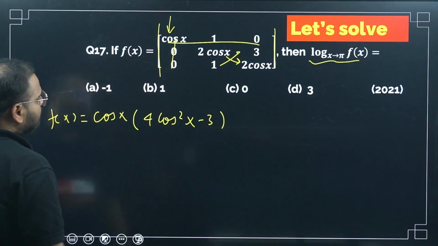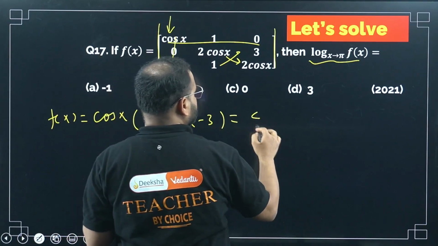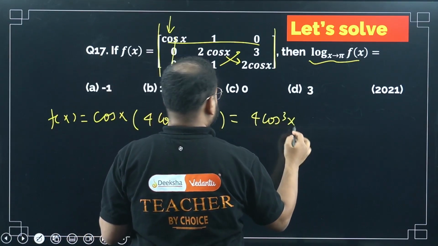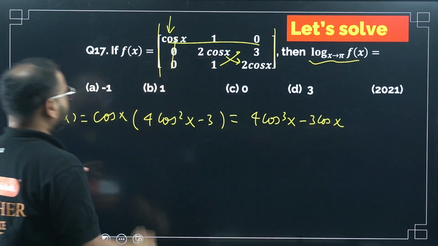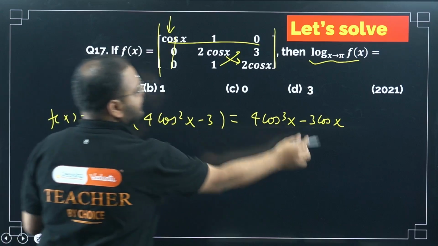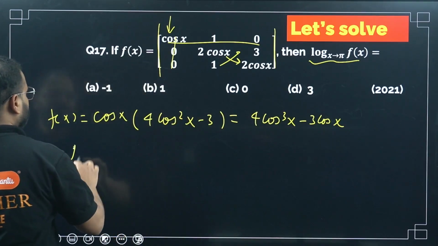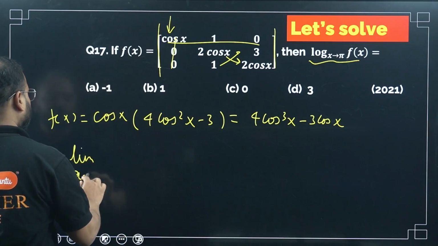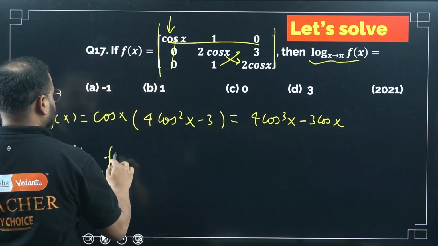If I do that, what am I going to get? Please check. 4 cos cube x minus 3 cos x, right? They ask us to find the limit value at pi. Check limit x tends to pi for f(x).